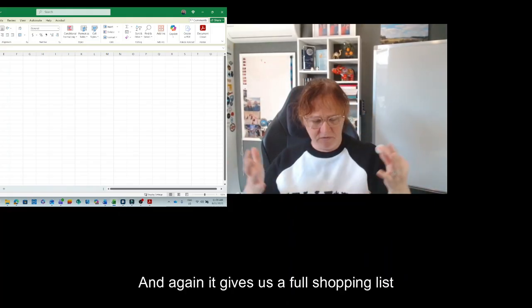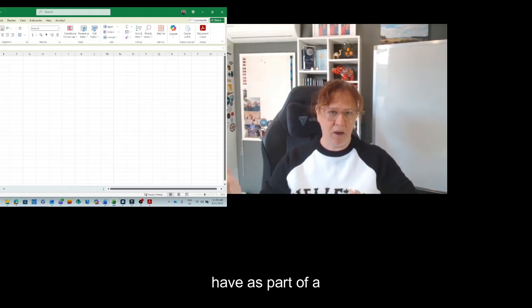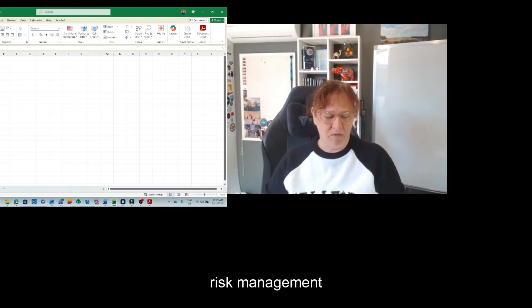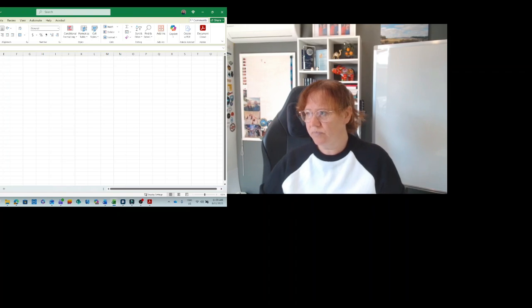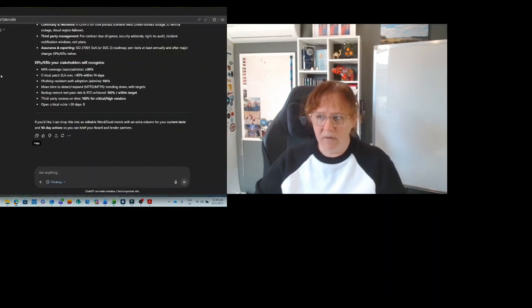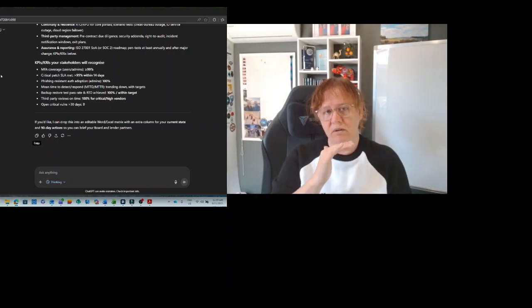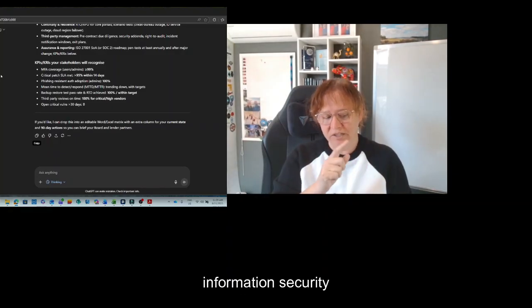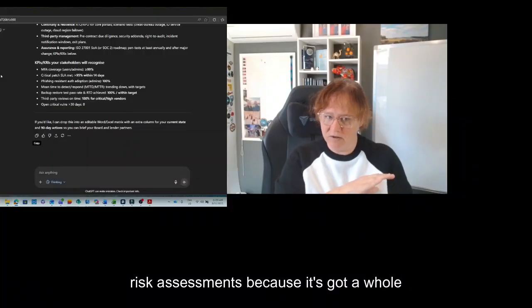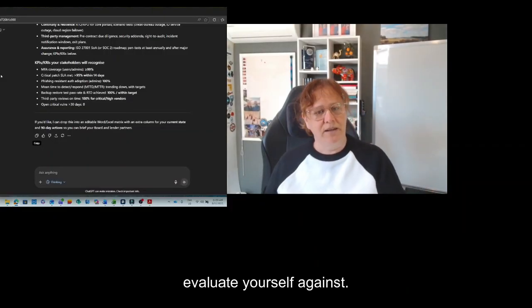Again, it gives us a full shopping list of controls that we need to consider or have as part of our risk management program. That will really drive and direct your approach to information security risk assessments, because it's got a whole heap of controls that are now relevant that you need to evaluate yourself against.